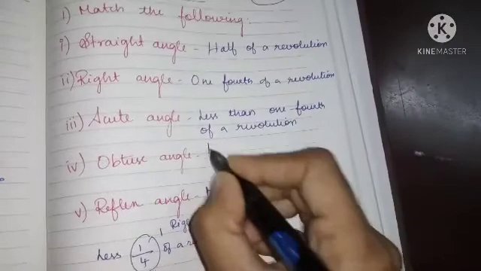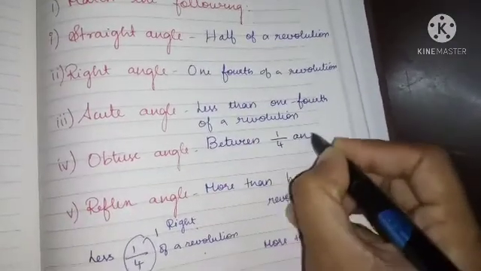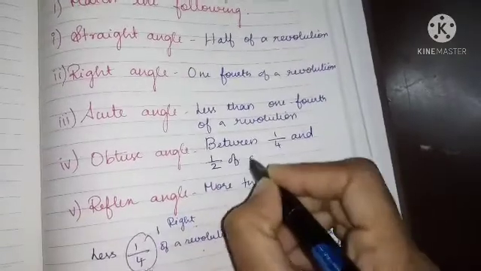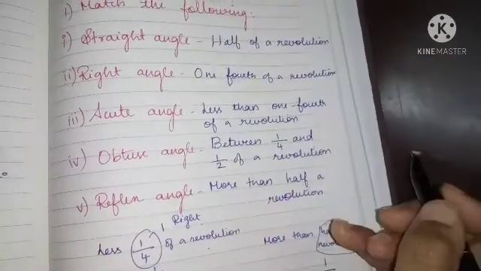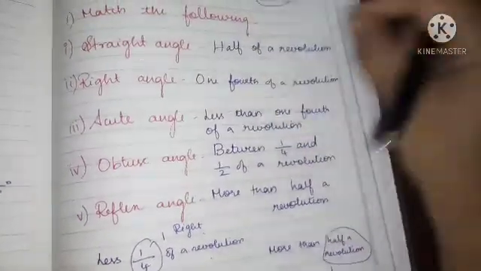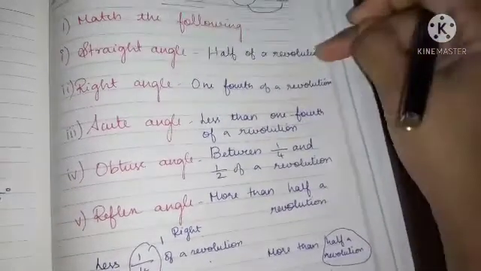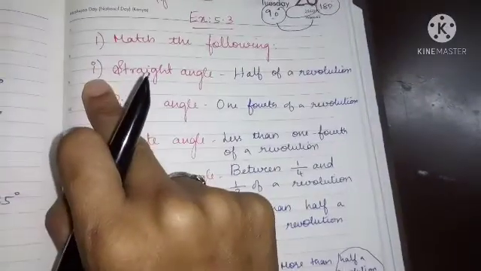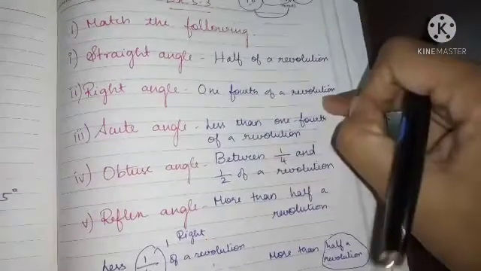So we can write between 1/4 and 1/2 of a revolution. You're supposed to write the options near that. Right side of half of the revolution you write 1. Then right side of 1/4 of a revolution you write it as 2.